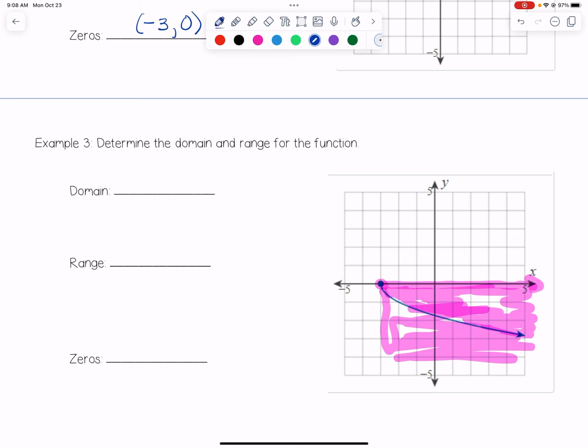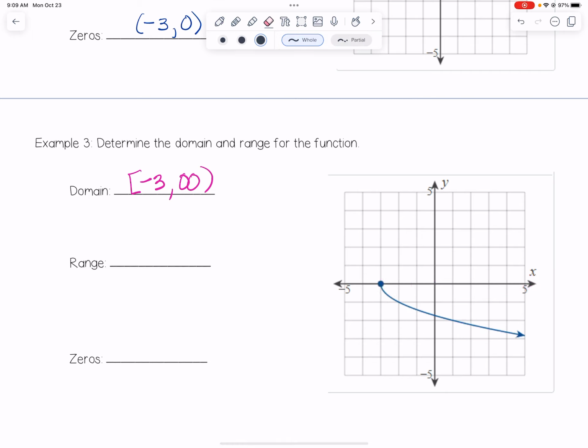So my x value is going to include, again, -3 to infinity because that arrow tells me that it's going to go on. So every x on the x-axis, starting with and including -3, and then going to the positive infinity direction, is going to be included in the domain.